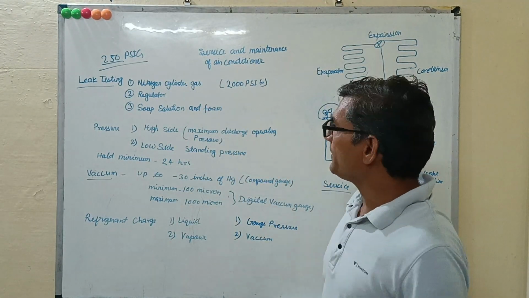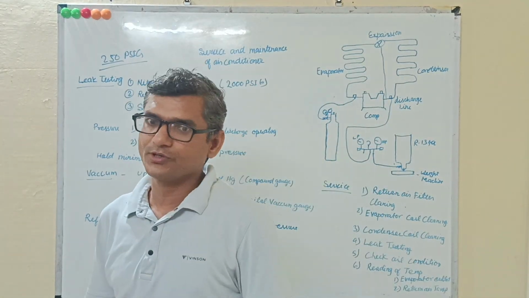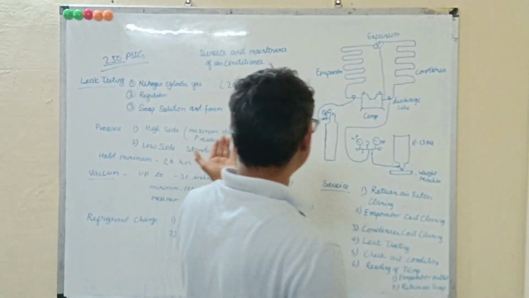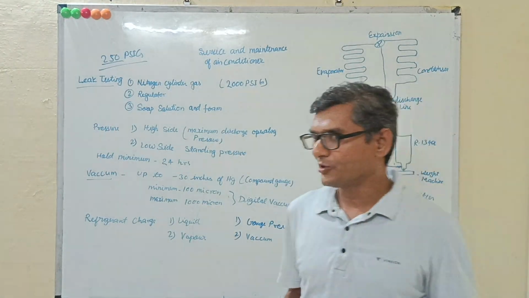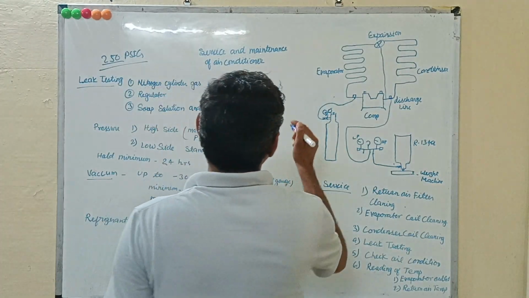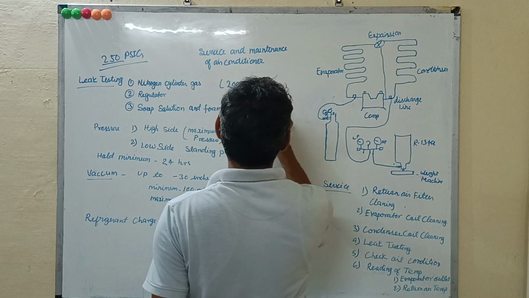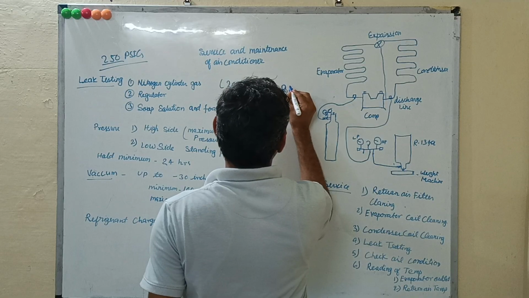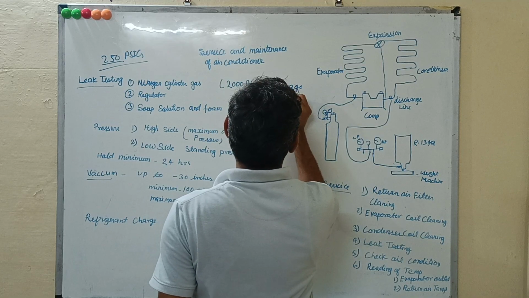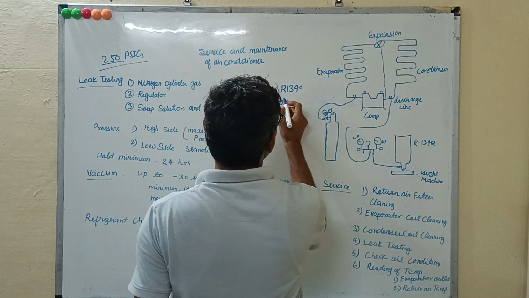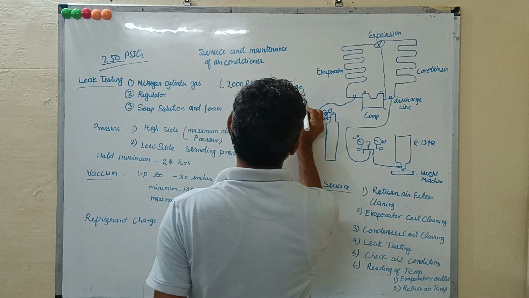Now on the LP side we have to give only up to the standing pressure. Suppose for 134a at room temperature the standing pressure is approximately 100 psi, so we can give 100 psi for the low side, no problem.